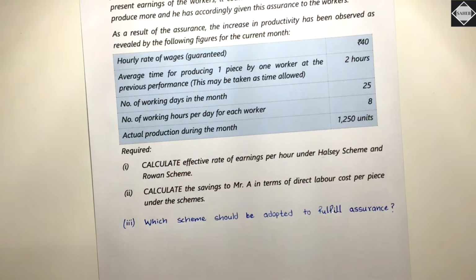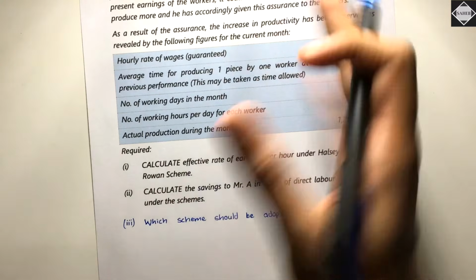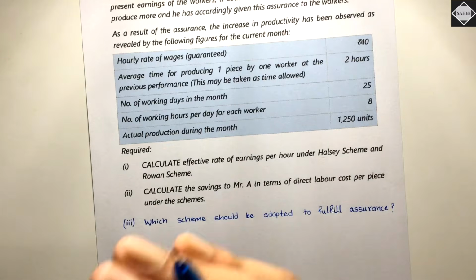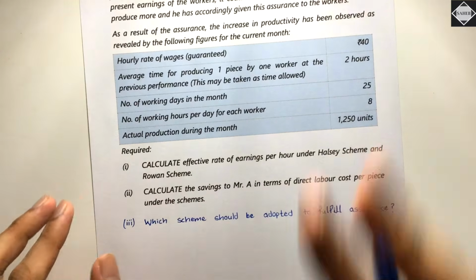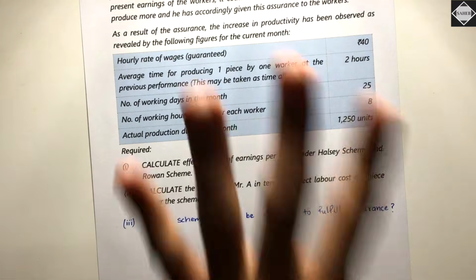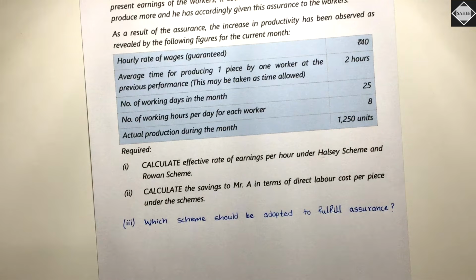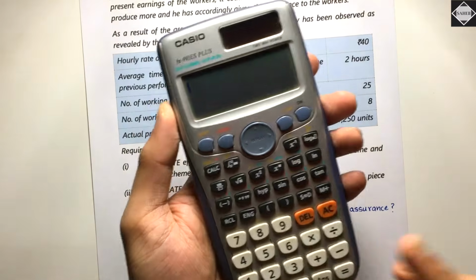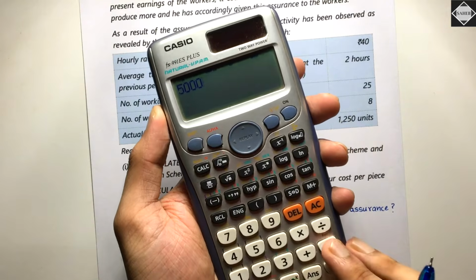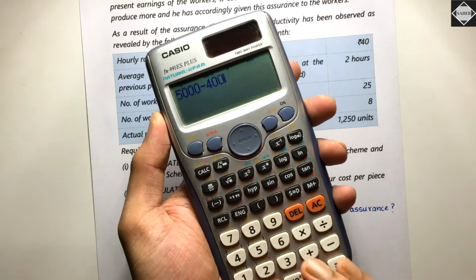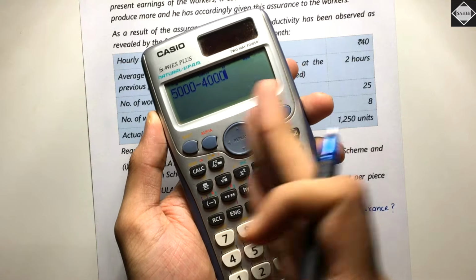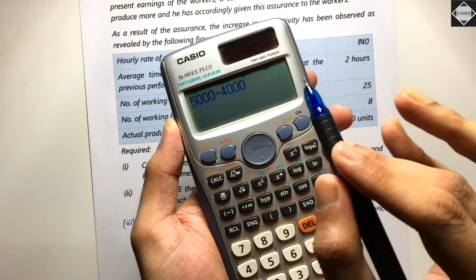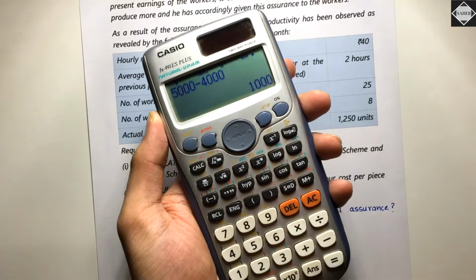Now you change the motor, and the very next month you get an electricity bill of 4,000. How much has been saved? Easily you can say 1,000 has been saved. How did you do the calculation? 5,000 I used to pay earlier, and this month I paid 4,000. So 5,000 minus 4,000, old minus new, is equal to 1,000.